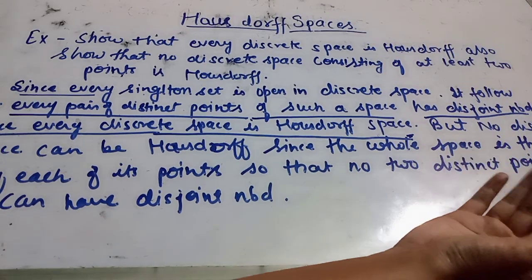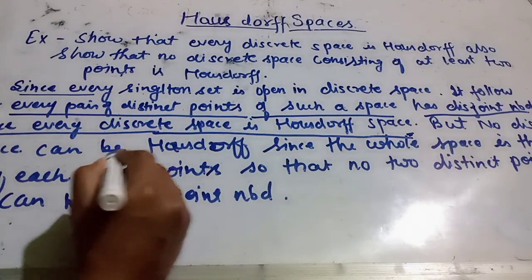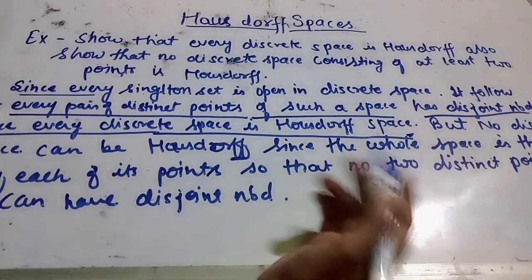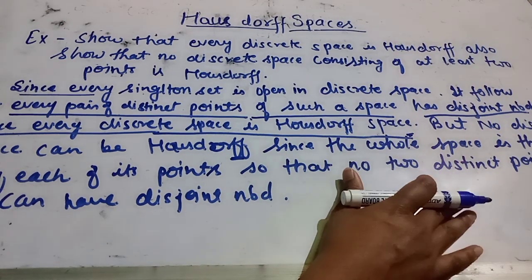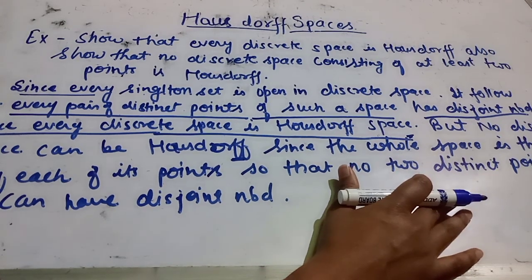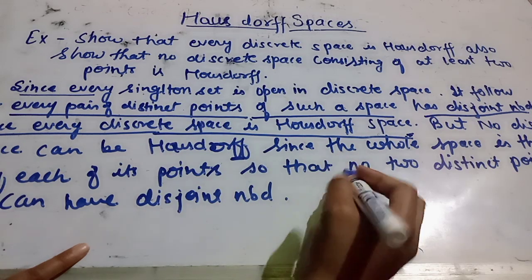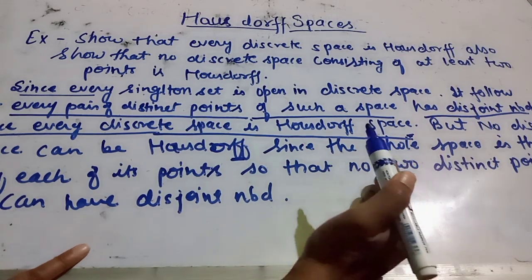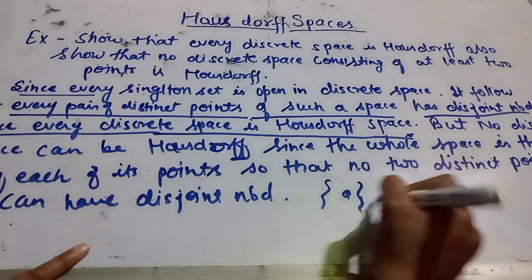But if you take a non-discrete space, can it also be Hausdorff? Because if you take a non-discrete space, what you have is the whole space, right? The whole space is the only neighborhood of each of its points.